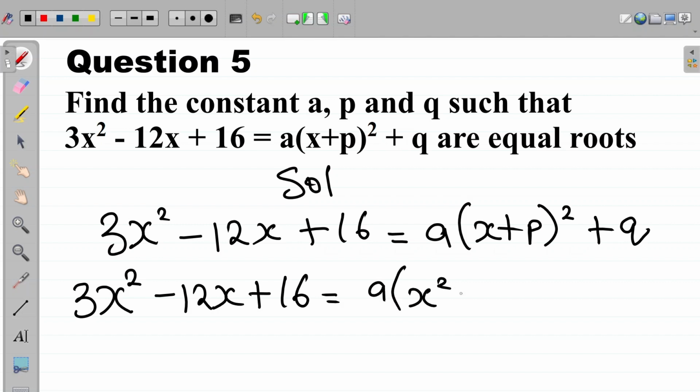x squared plus 2px plus p squared plus q.